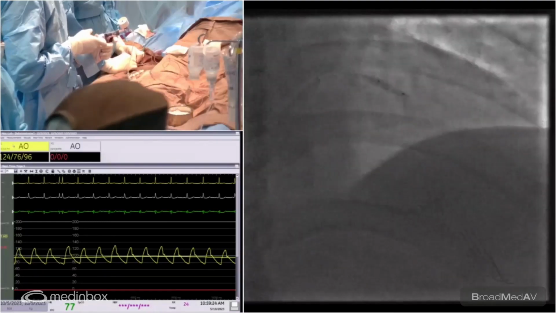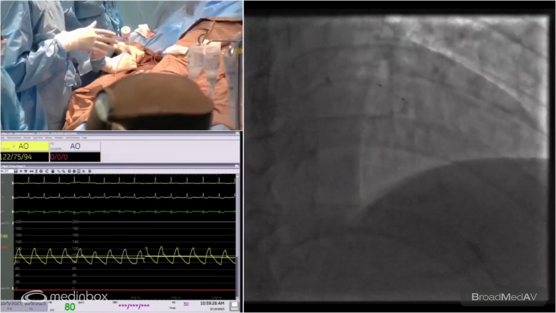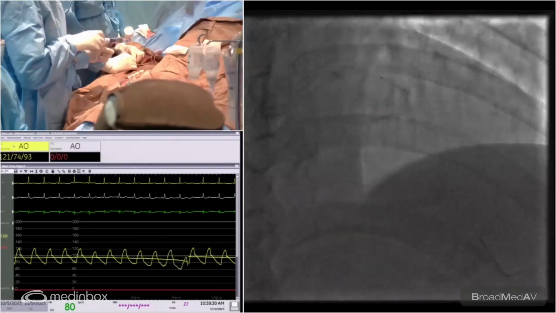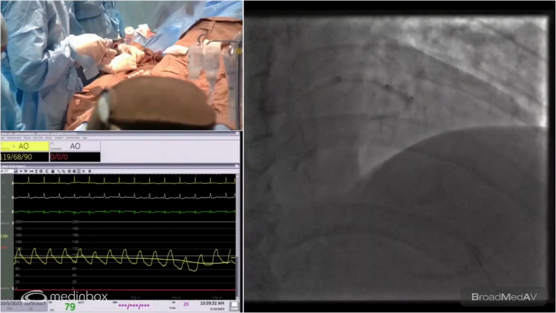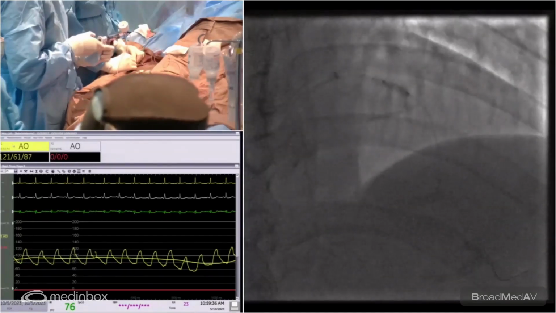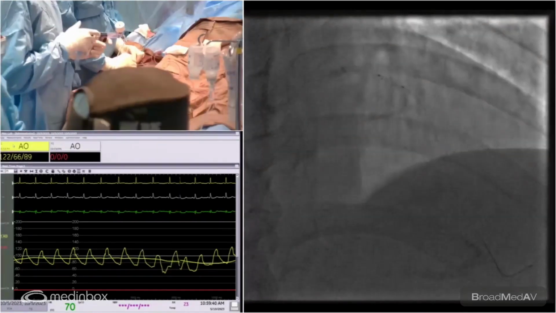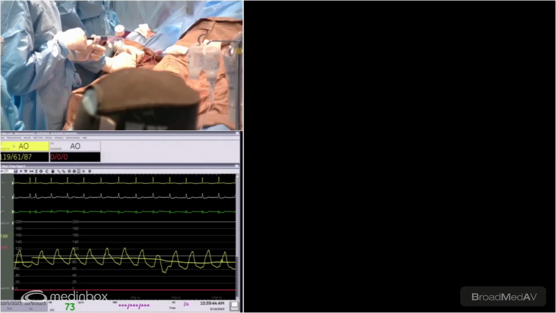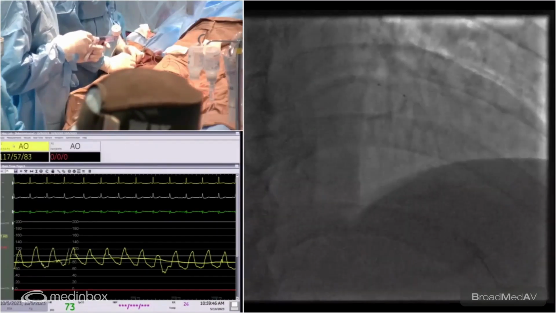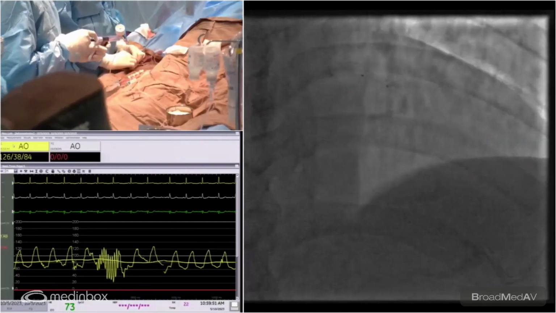Inflating nicely. Deflate. One second. Watching the paper on the wire, so yeah.